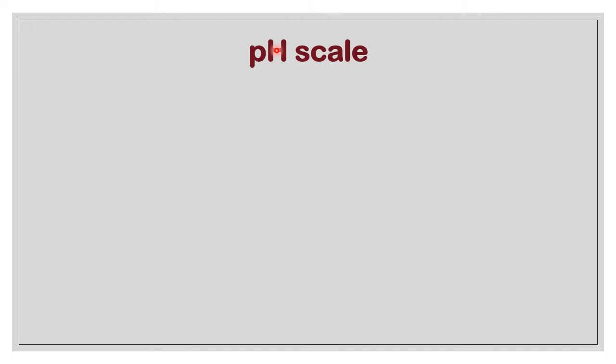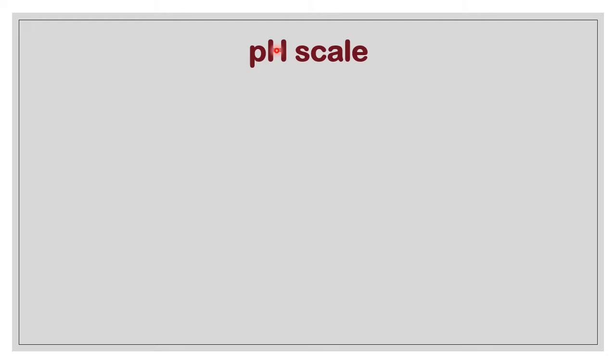In our previous class, we studied that an acid is an H plus donor and a base is an OH minus donor. So how easily H plus is given by a substance, that is the best acid, and how easily OH minus is given by a particular substance, that is the best base.